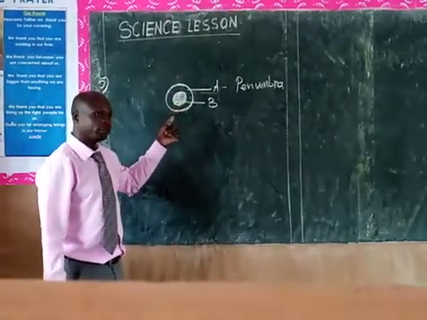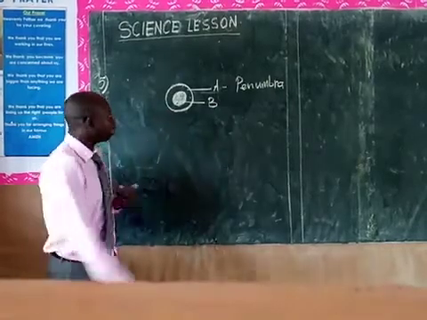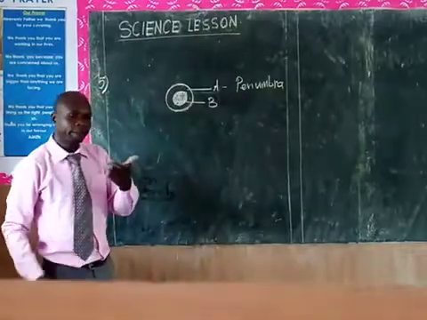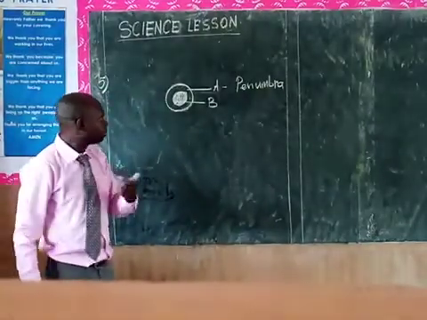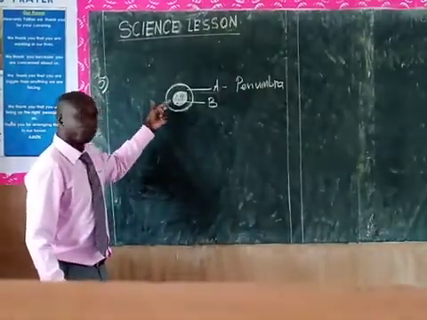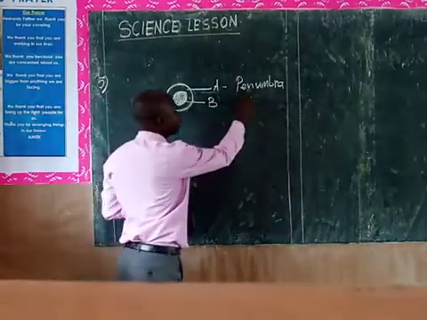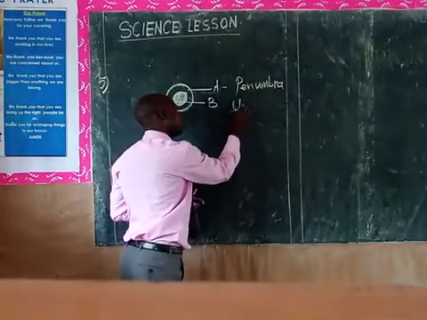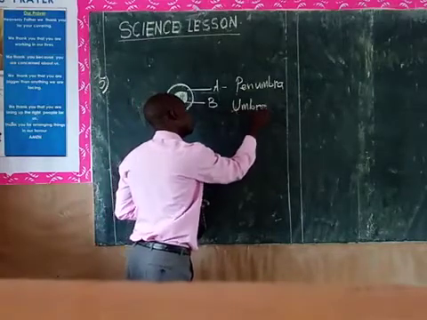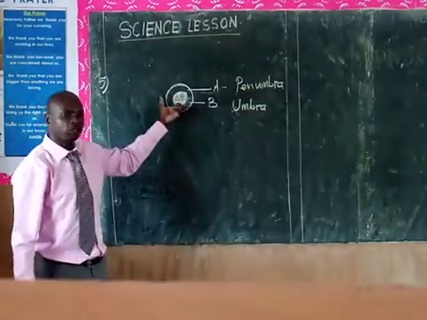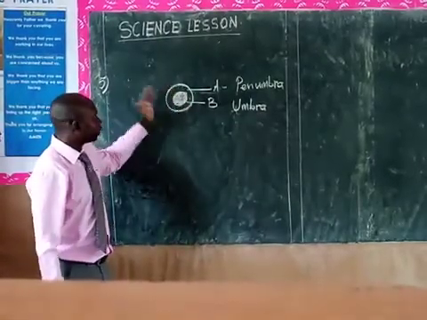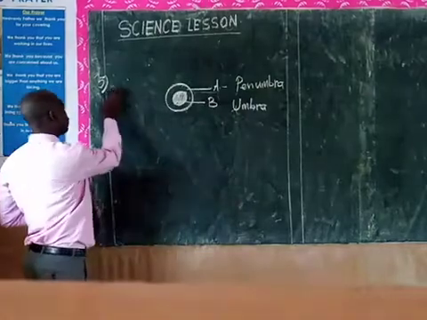We are just trying to find out if you still recall. Then this part B. Who can mention this part B? Somebody? Yes? Alright. Exactly. This is the umbra. The other one is penumbra. So those are the two regions or two parts of a shadow that we had given you in question 5A.